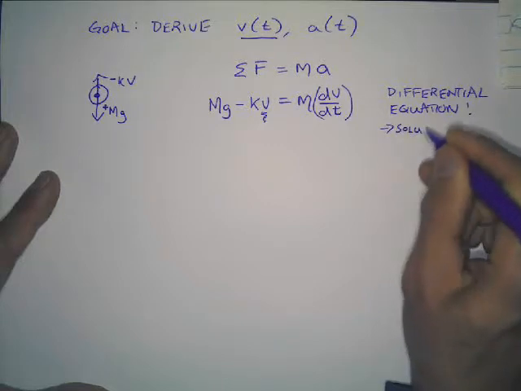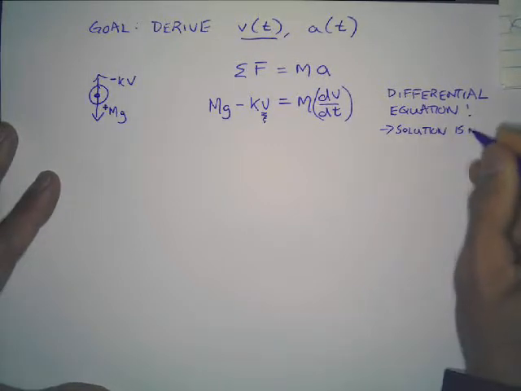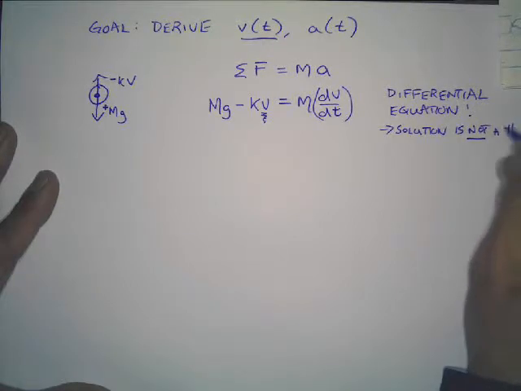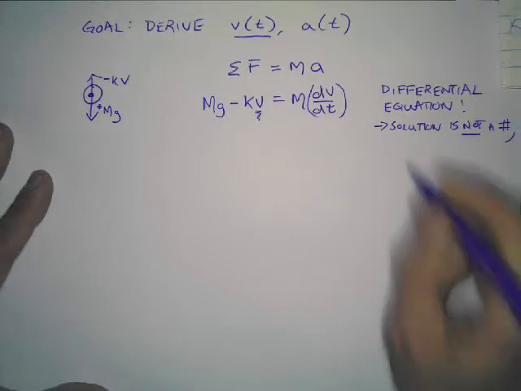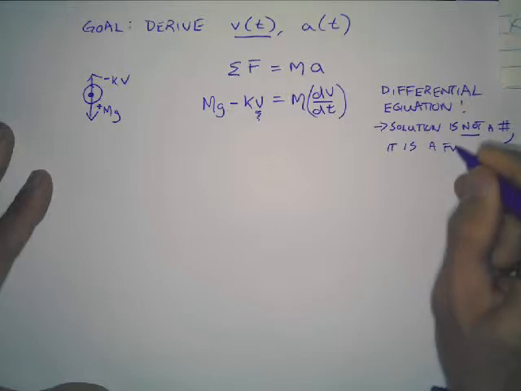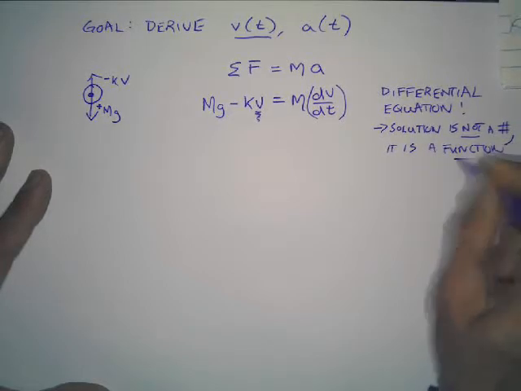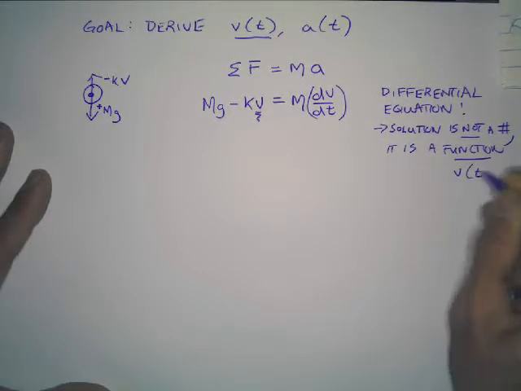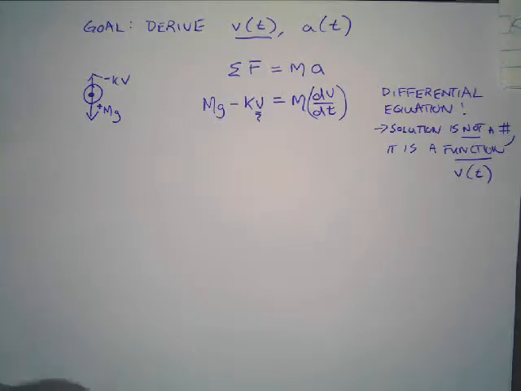And so the solution is not a number. It is a function. In this case, the function v with respect to t. Okay, and that's quite different. And so we have to look at this carefully and solve it in a slightly different way. So that's a big difference here. So this is a differential equation.